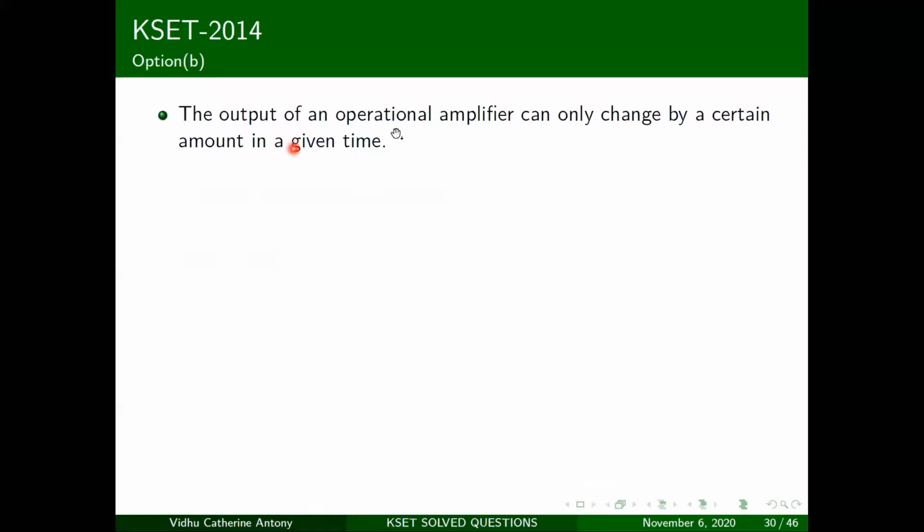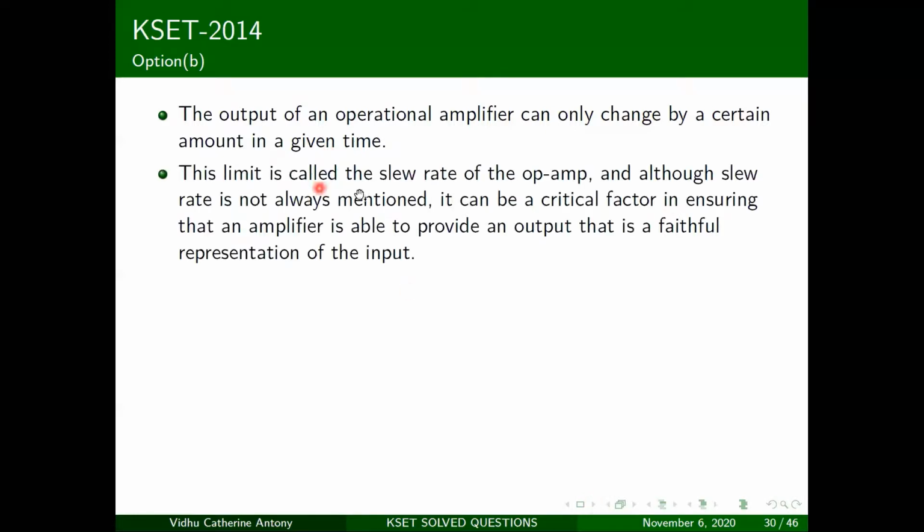Okay. So the output of an operational amplifier can only change by a certain amount in a given time. Okay. This limit is called the slew rate of the op-amp. And although the slew rate is not always mentioned, it can be a critical factor in ensuring that the amplifier is able to provide an output that is faithful with respect to the input.